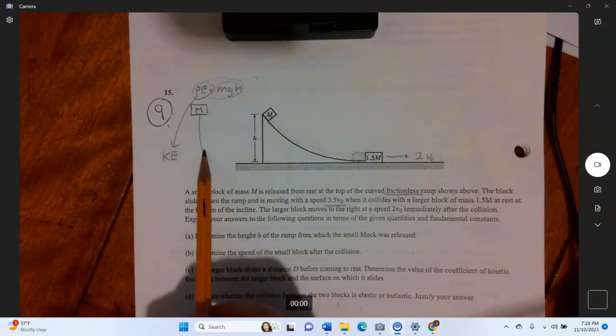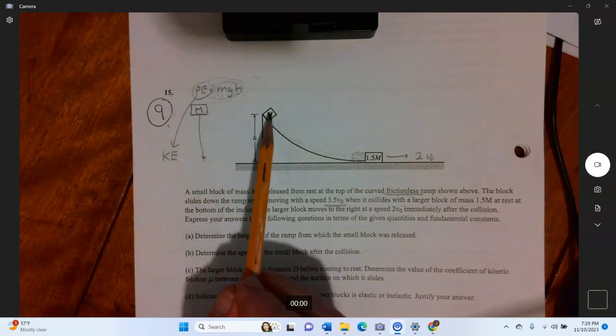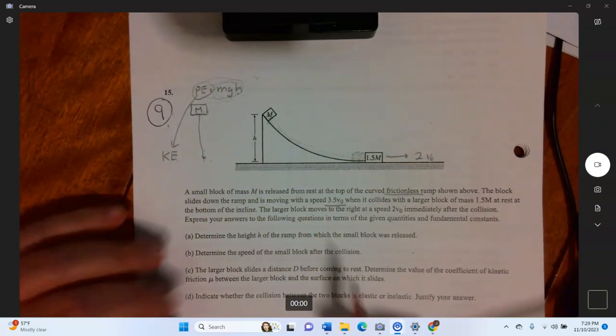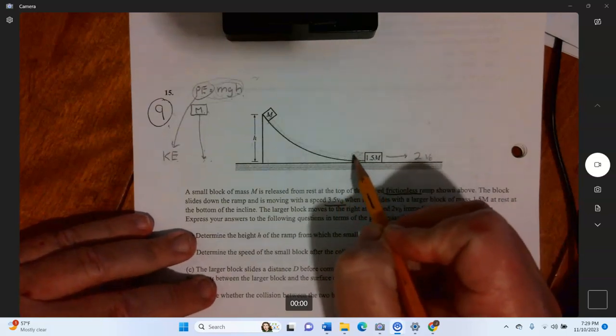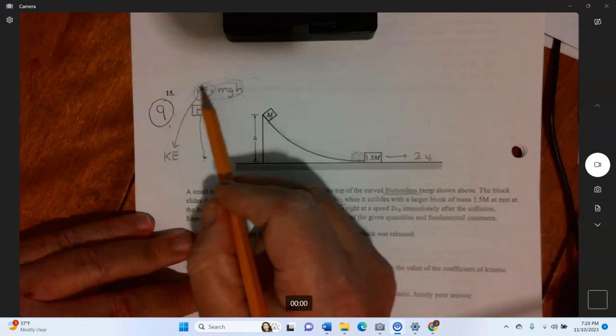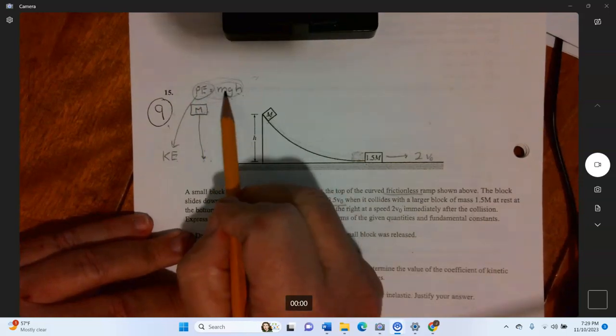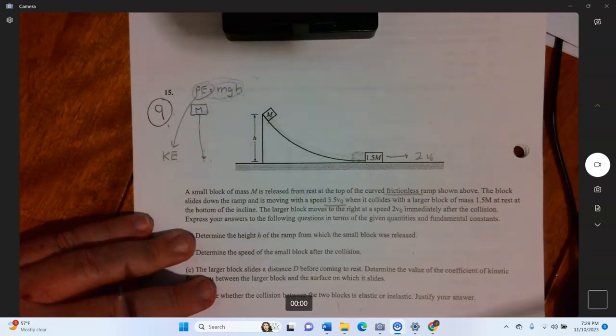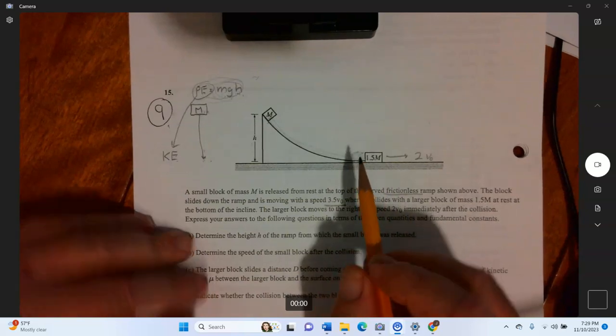Same as this block, except this block's falling straight down, this block is curving down a ramp. So, if we know the kinetic energy at this point, we will know the potential energy up here, and since we know mass is capital M and g is gravitational acceleration, we can figure out the height. So let's figure out part A, make some space here.